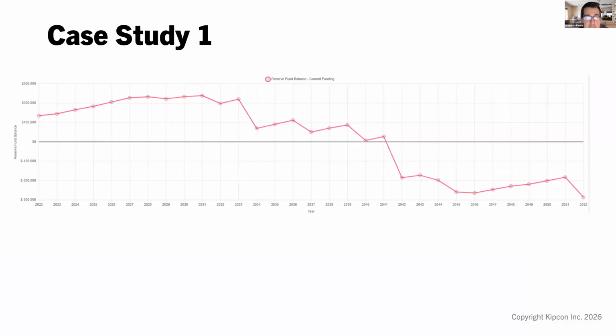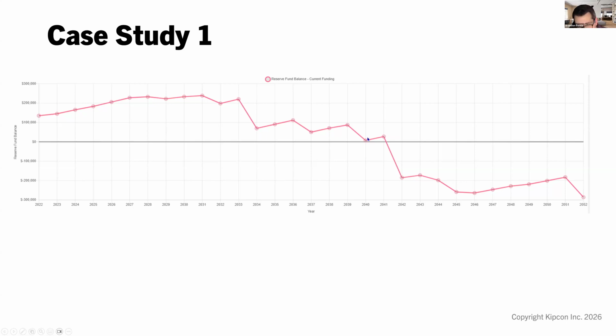So this is a snapshot of what their current funding contribution looks like over 30 years. You can see, which is what I talked about earlier, since they're a newer building, over the first 5-10 years, they're okay. And then that's when we start to see the expenditures hit.